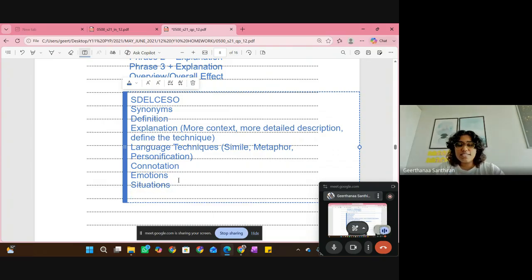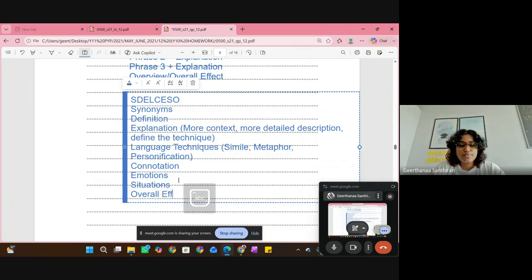Again, all these techniques, you don't have to use everything all the time. You just have to pick and choose suitable ones that help you brainstorm good development, good analysis. So choose whatever is suitable, whatever works for you in whatever situation. The last one is overall effect. So this one, I've put it here because my students keep forgetting to do their overview.